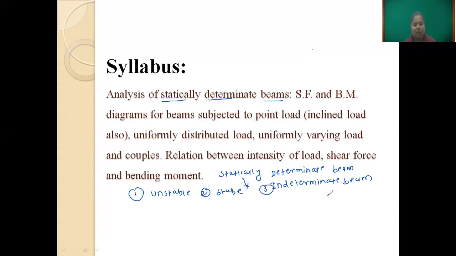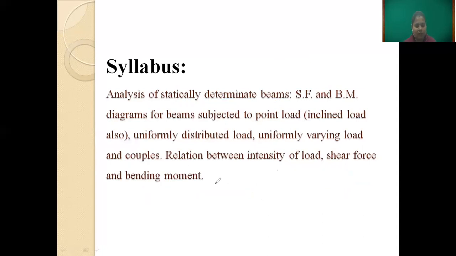First, we will see what is meant by statically determinate beam. I will write here the definition. You can also write, and then we will see what is meant by statically determinate beam. For that, I will share a new screen and explain in detail.